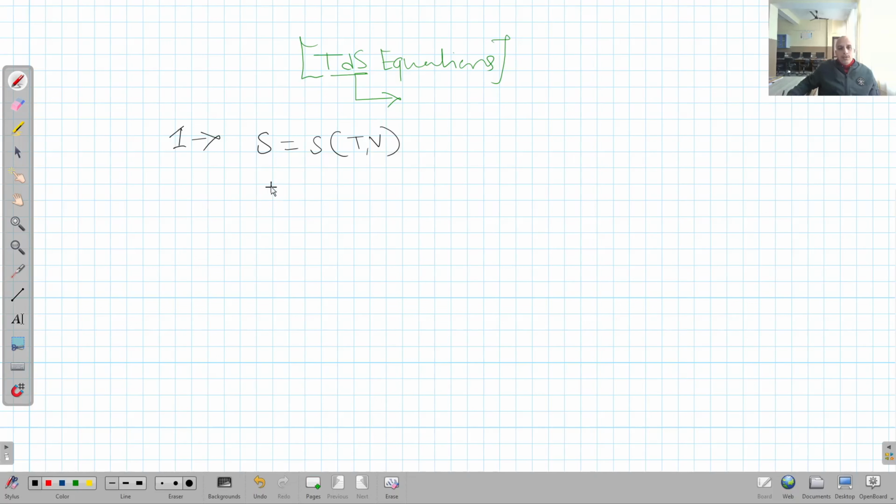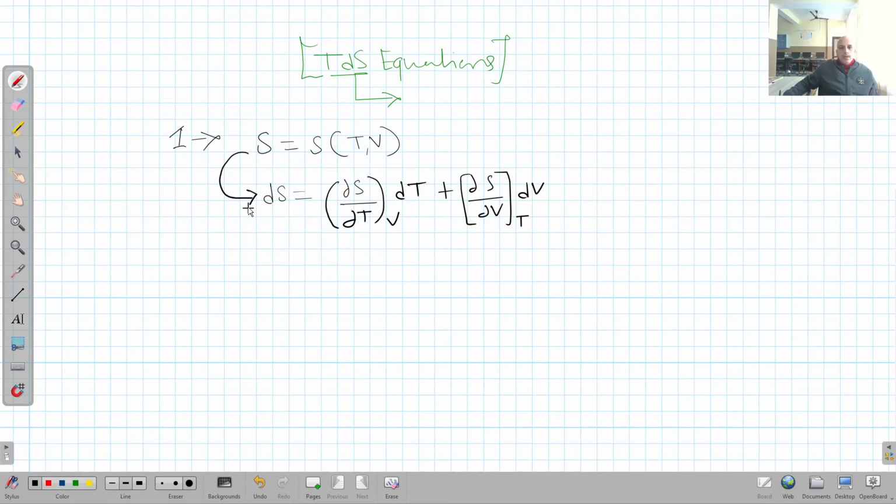So when I take the total derivative, dS is equal to (∂S/∂T) at constant V dT. Clear? Plus (∂S/∂V) at constant temperature dV. Clear? So this is what I got when I took the total derivative of this equation.